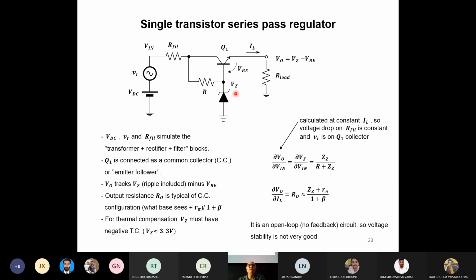So at the end, I have a voltage which is fixed by the Zener diode, but I'm using this voltage as the reference voltage for the base of this transistor. In first approximation, you may suppose that the transistor doesn't take any current from the base.